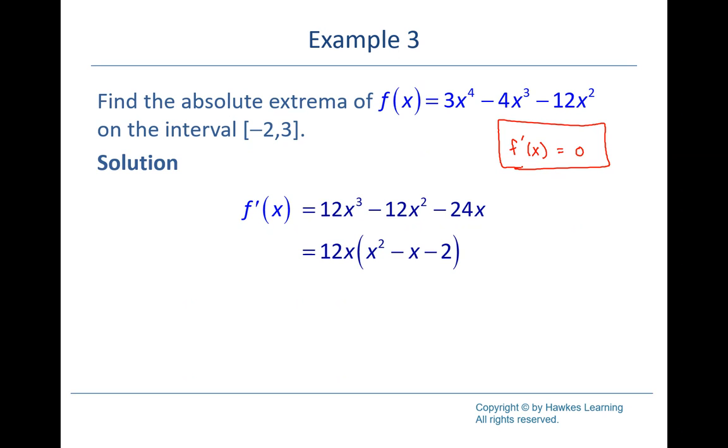So we'll start by noticing that we can factor a 12x out of our polynomial. And we can then factor x squared minus x minus 2 into x minus 2 and x plus 1. This gives us a simple polynomial equation to solve.